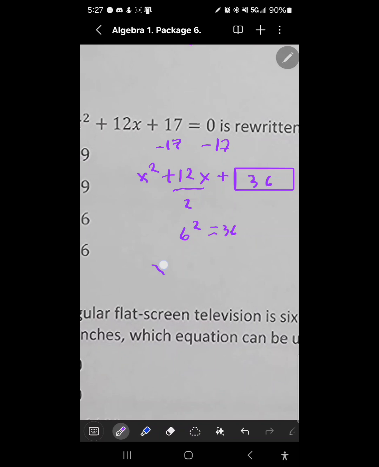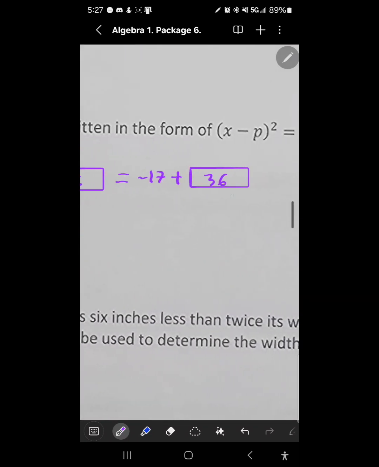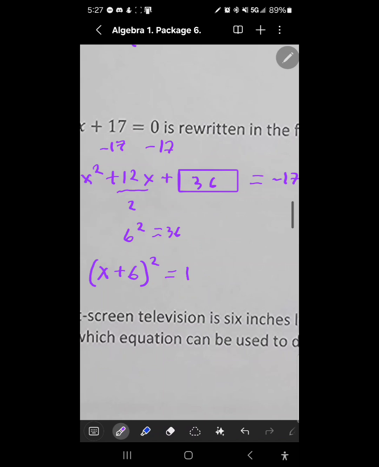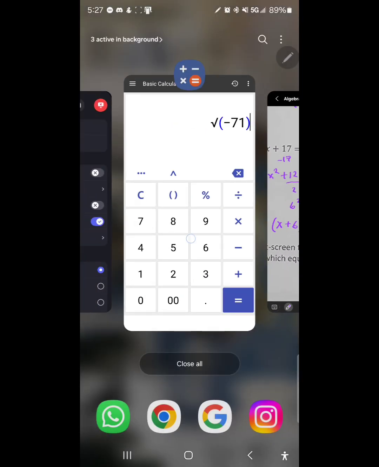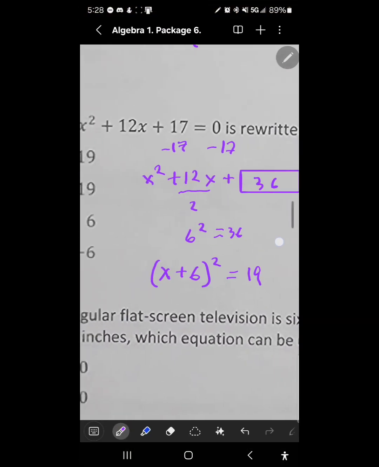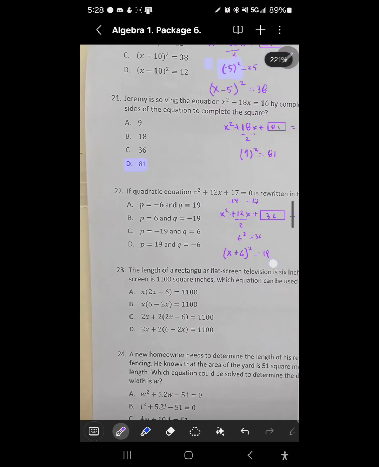So my answer will be (x plus 6) squared, equal to negative 17 plus 36, just the same as 36 minus 17, which is going to be 19. If you want, you can always do it by your calculator. And we have that.